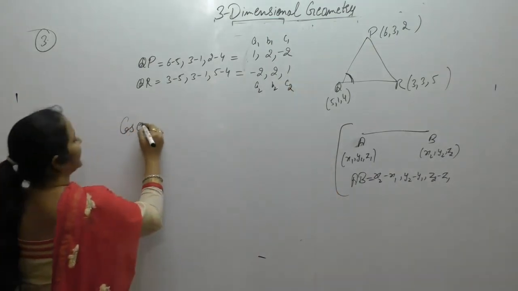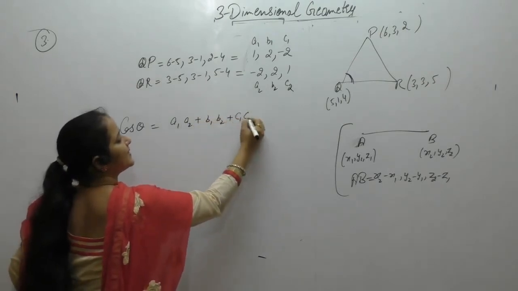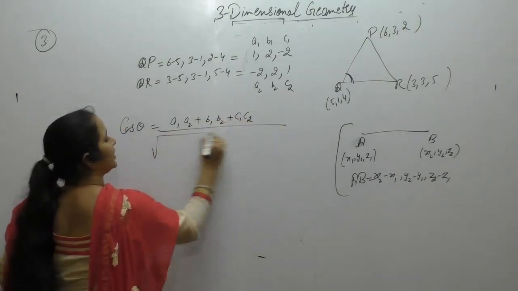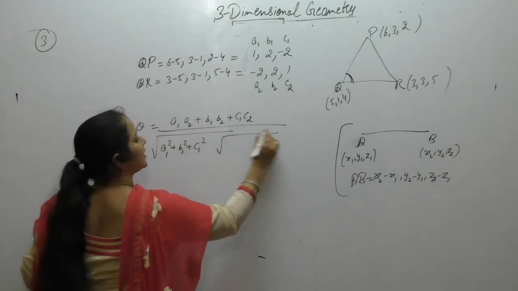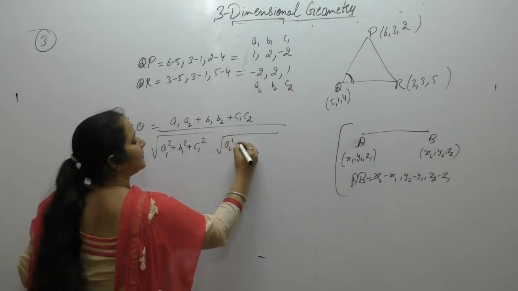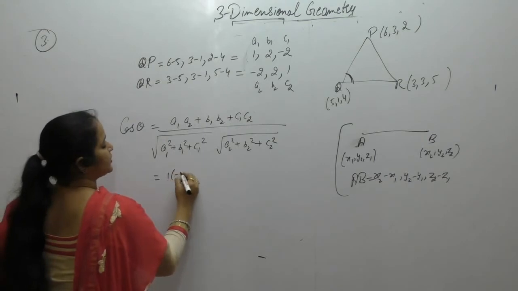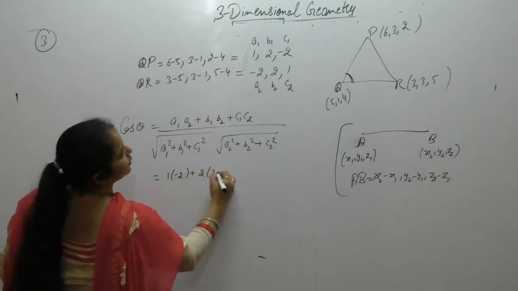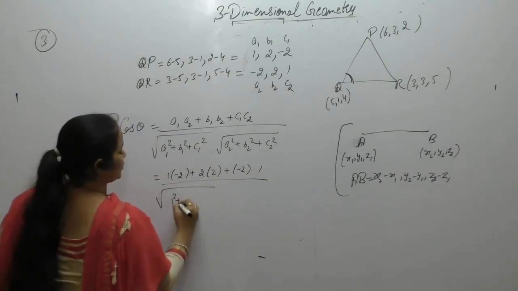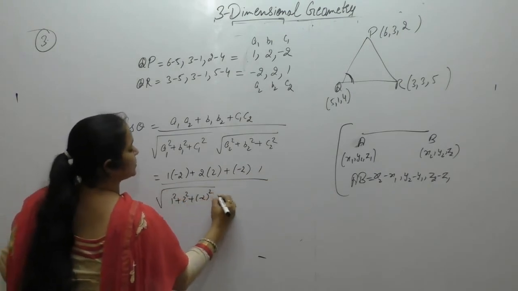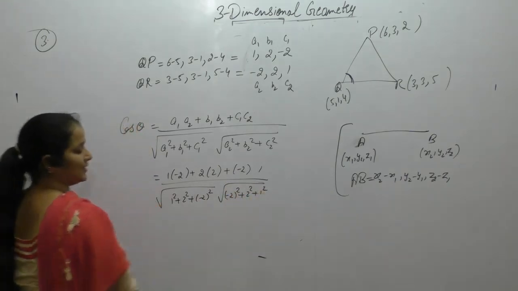Now cos of theta is a1a2 plus b1b2 plus c1c2 upon square root of a1 square plus b1 square plus c1 square times square root of a2 square plus b2 square plus c2 square.